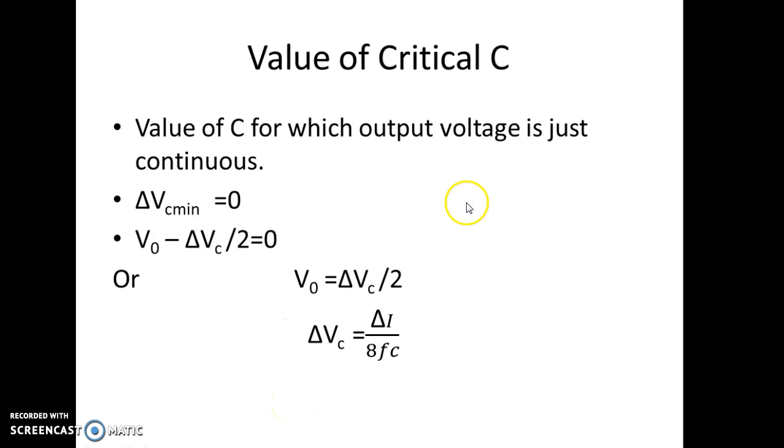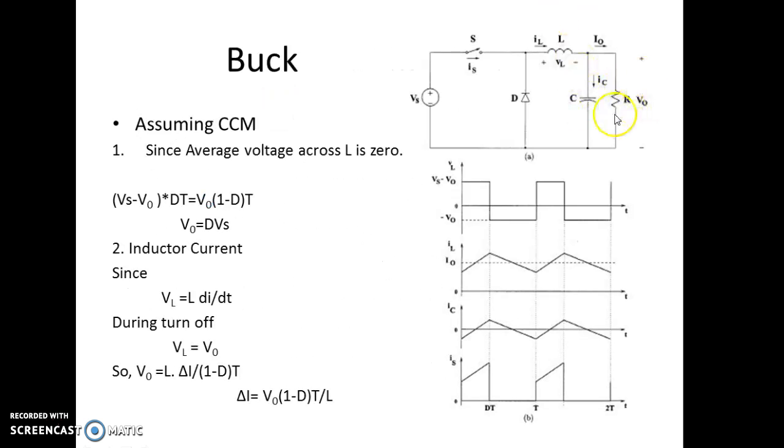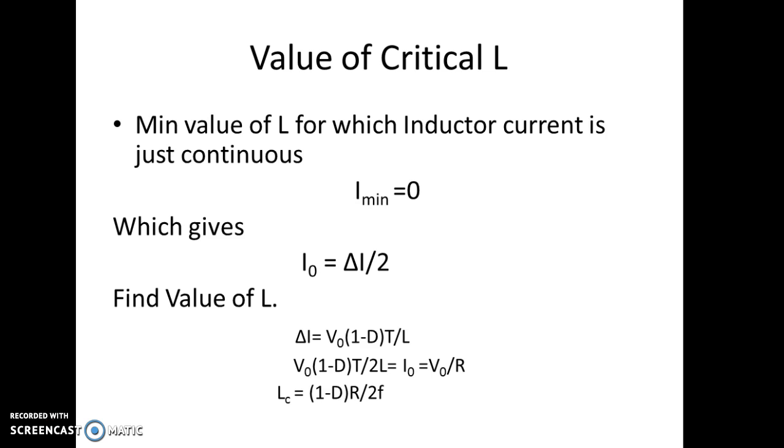Similarly, the minimum critical capacitance is the value of capacitance for which the output voltage is just continuous. That is, the output voltage is just continuous if the voltage across the capacitor is just continuous. That is the value of critical capacitance.